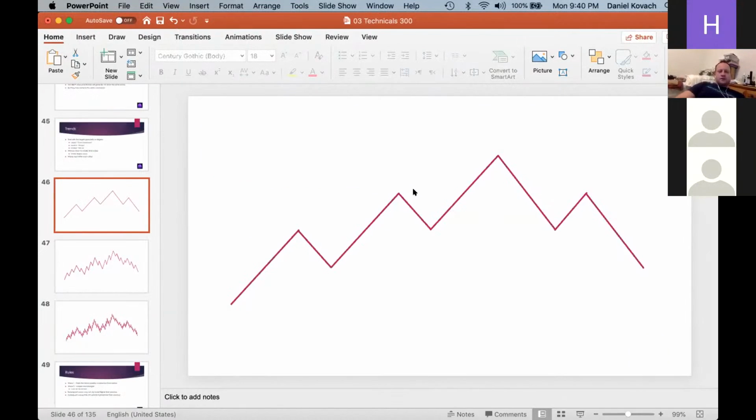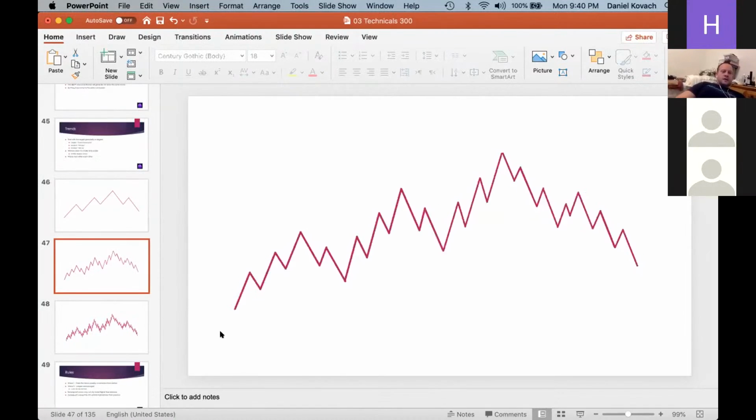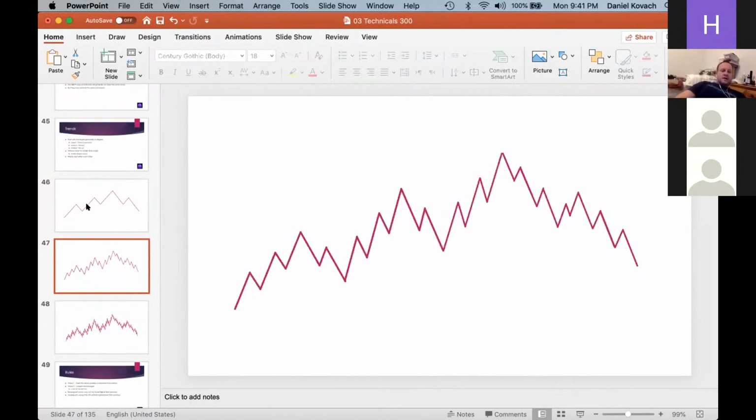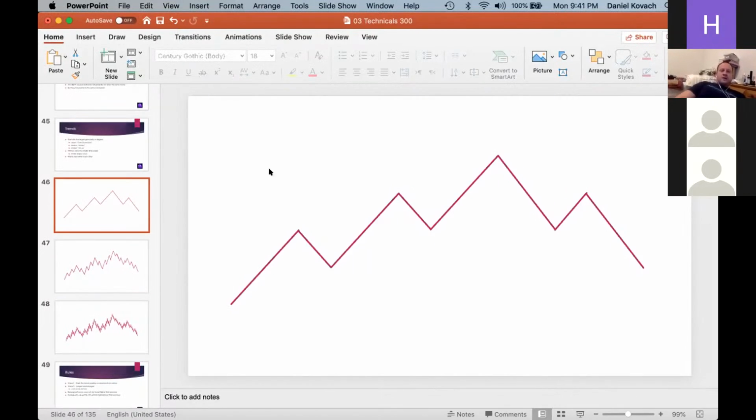We have 1, 2, 3, 4, 5, 1, 2, 3. Those are what we call the waves. Now, if you zoom in on this, you're going to see something like this: 1, 2, 3, 4, 5, 1, 2, 3. Notice we're basically taking this whole thing and jamming it into one of these legs. So this whole pattern should be representable in each of these legs. Does that make sense?